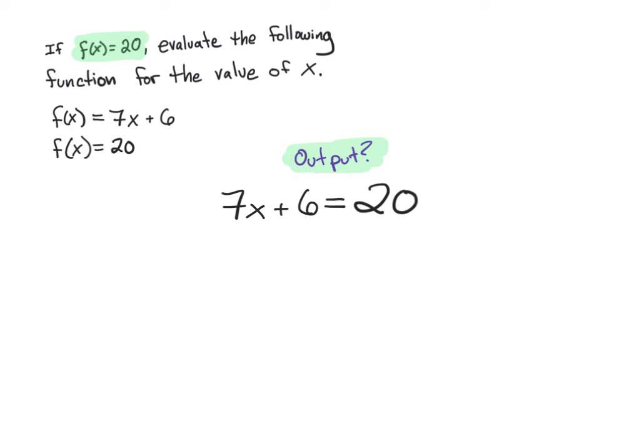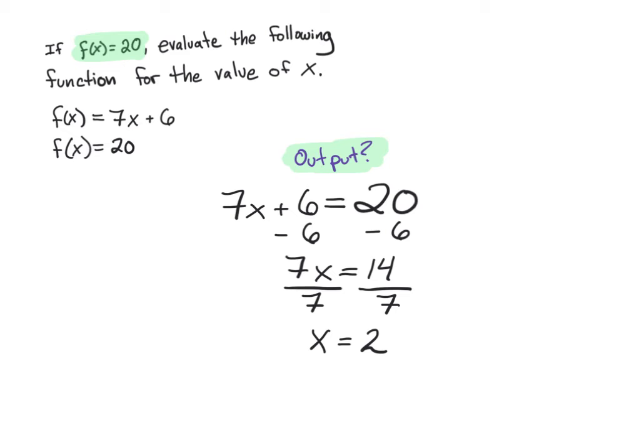First, I'm going to subtract 6 from both sides to isolate the term with x, and I'm left with 7x equals 14. Then, to isolate x, I have to divide by its coefficient on both sides. So I divide both sides of this equation by 7, and I get that x equals 2.